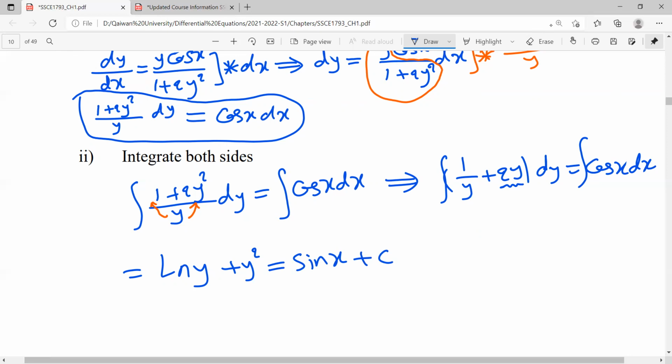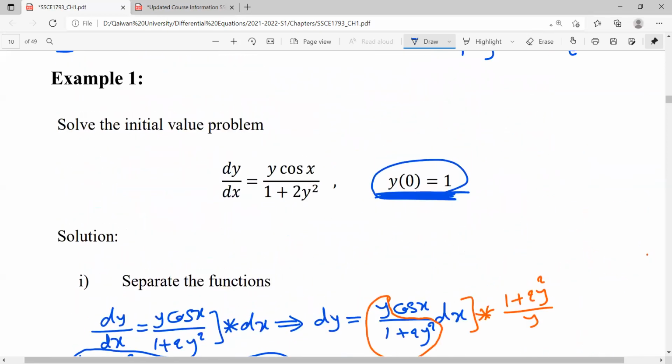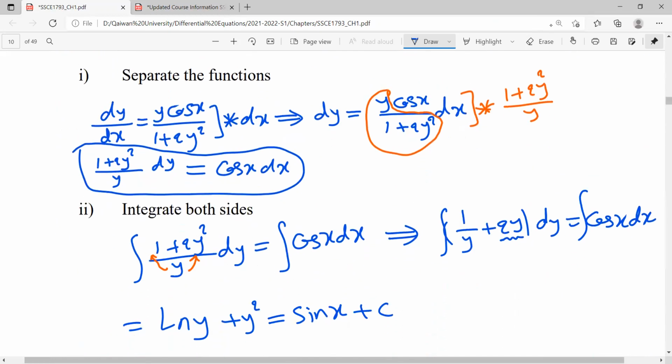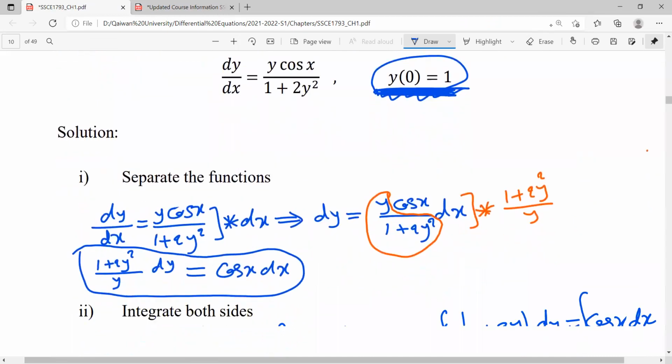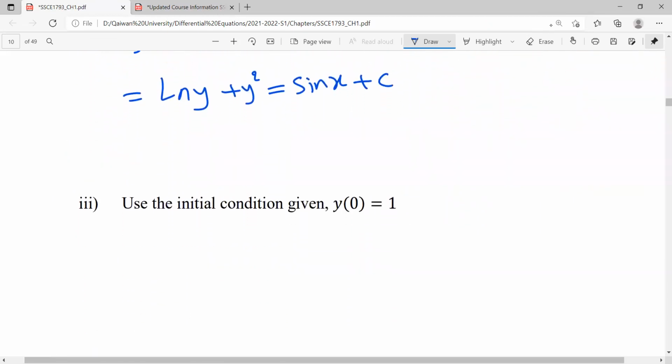But in this example, we have been given a condition. We should apply this condition to find the value of c. We use this condition only for finding the value of c. That's all. The condition is y of 0 equals 1. That means we replace x by 0 and y by 1 in the result equation.